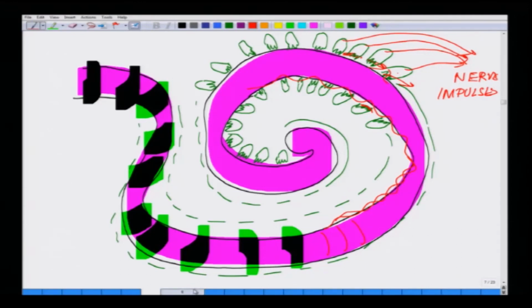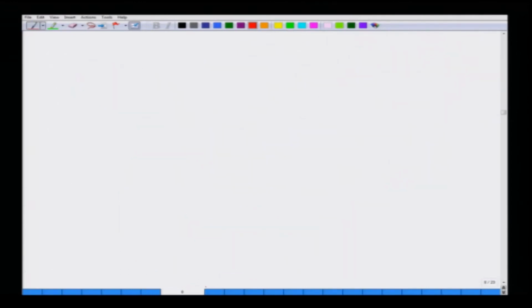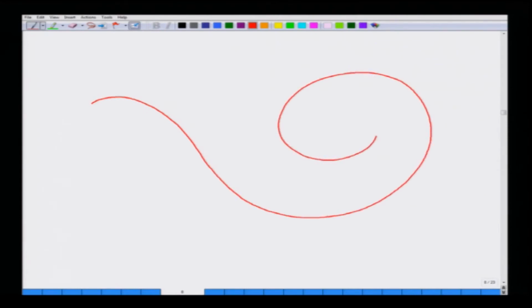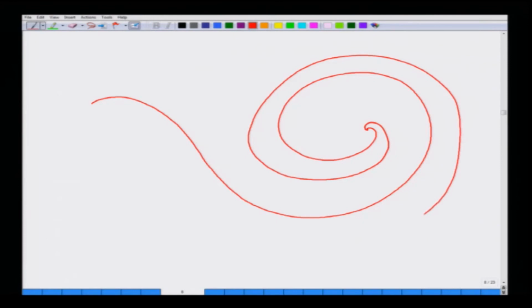If I had to have a slightly cleaner picture out here, it is something like this. Here is the tube, and here you have the deformities taking place within the tube as the sound wave is moving through.